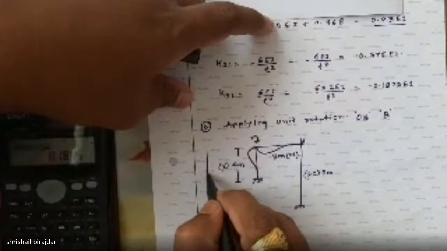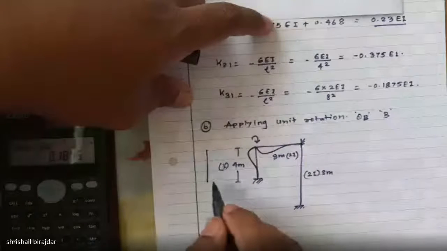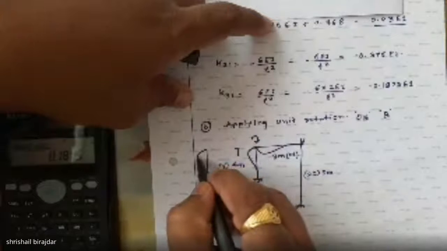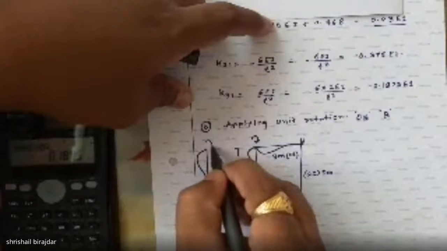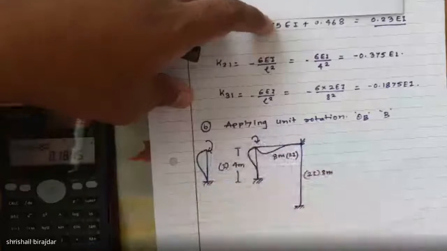Particular column as well as the beam, I'm just drawing the free body diagram of this particular column.